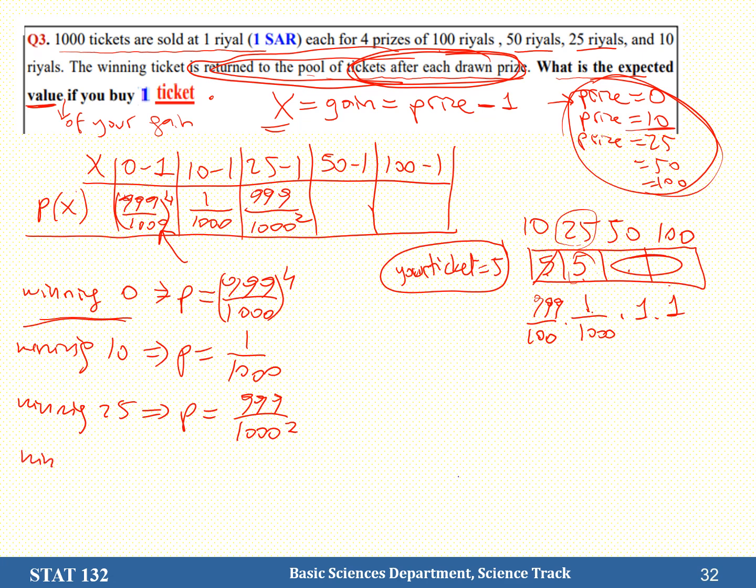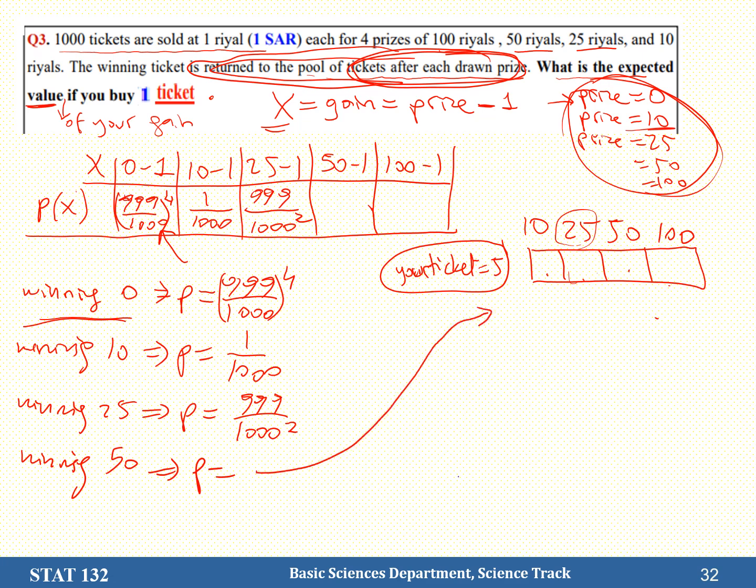Now winning 50, what's the probability? We calculate the same way. Assume your ticket is 5. How can you win 50? Looking at winning 50 now, for sure you didn't win with 5 in the first drawing, and for 25 the drawing didn't show 5 again. But here the drawing showed 5. For the last one, it's not important because no matter what happens, you already got 5 and you won.